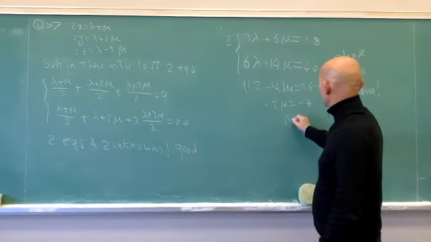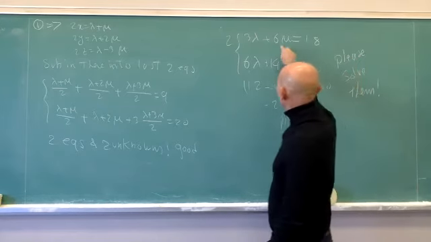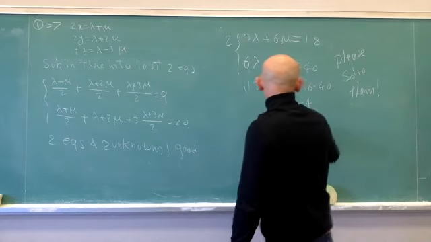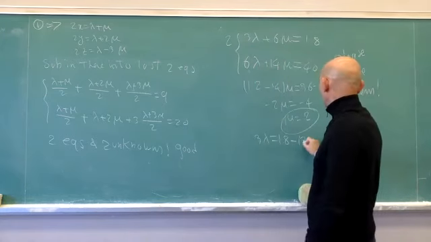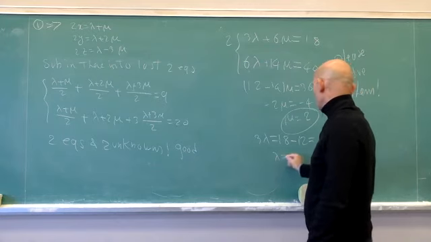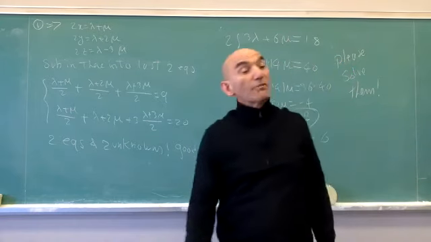So mu is equal to 2. And you sub into this equation, you get 3 lambda equal to 18 minus 12, which is 6, so lambda is equal to 2. Okay, so we found the values of lambda and mu.